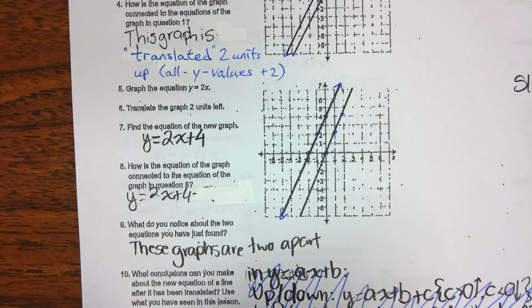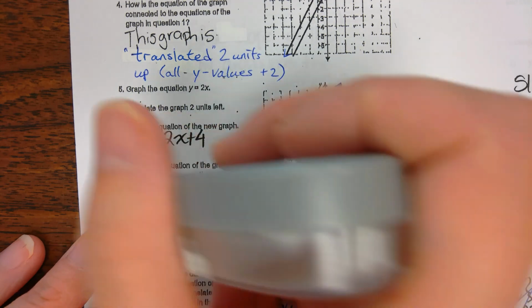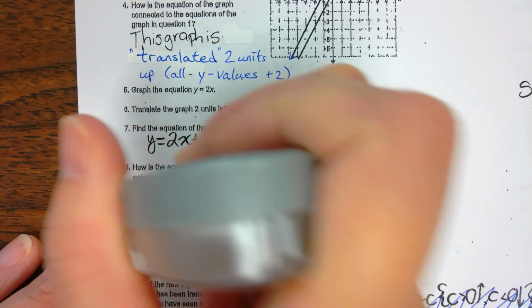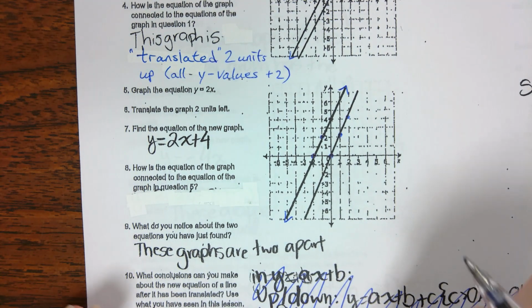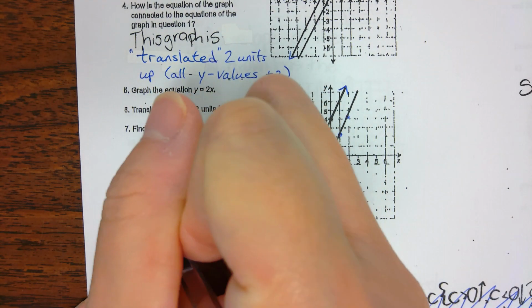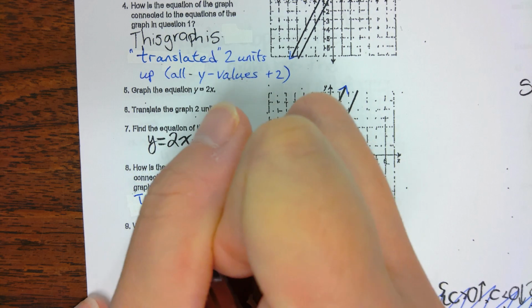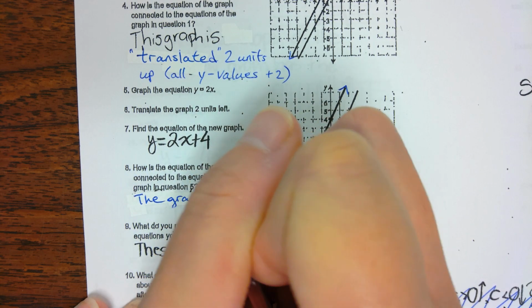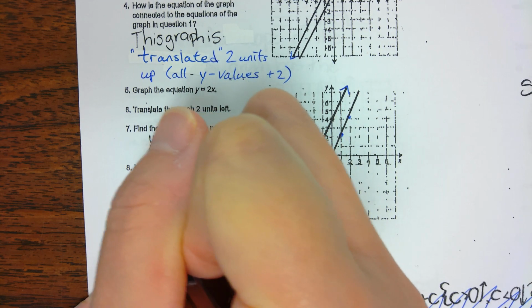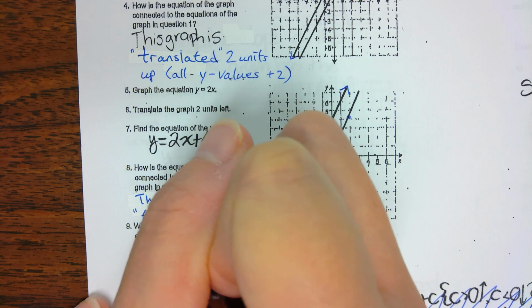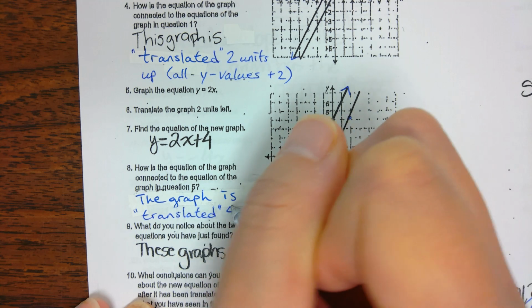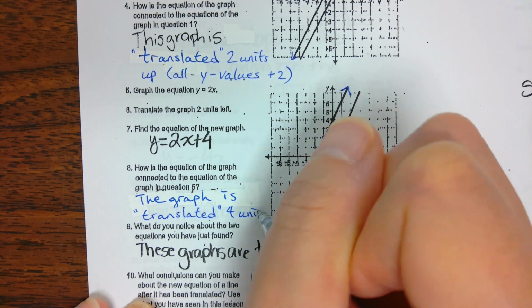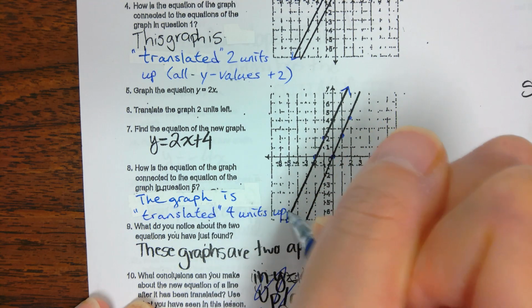So when you describe it, you also want to say same slope, different y-intercept. The graph is again translated 4 units up.